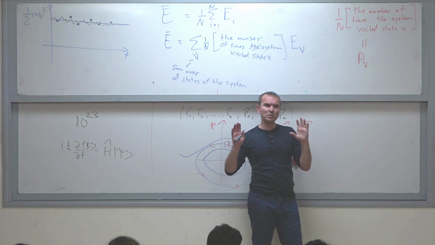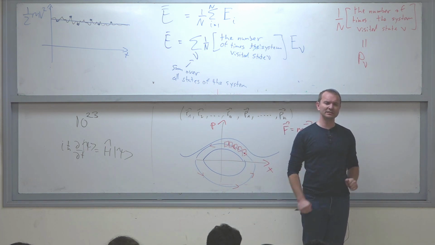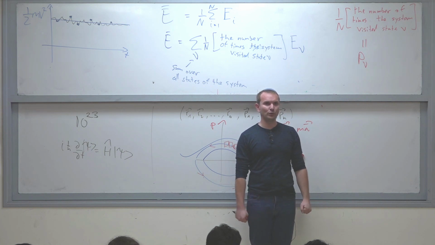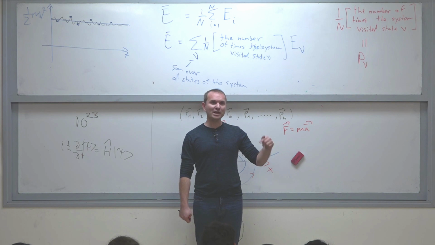I will take this system, and it's in state 1. I will take another system, it's in state 2. I will take another system, it's in state 3, and I measure the average quantities.